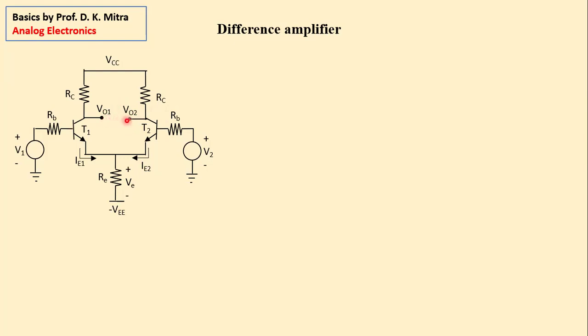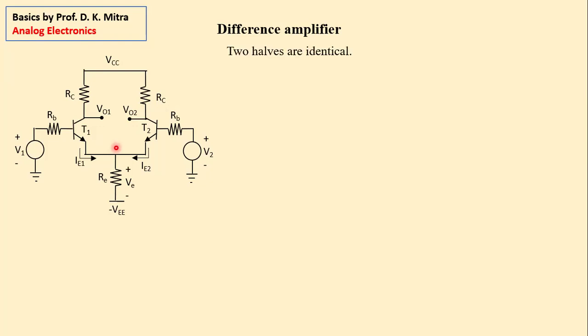Normally, in all other amplifiers, the output is across the ground point. That means you connect a voltmeter across the output and the ground point. But here, you connect the voltmeter across the 2 output terminals. By the way, this kind of output is called floating output, and the other kind of output is called grounded output. So this is the basic structure of a difference amplifier.